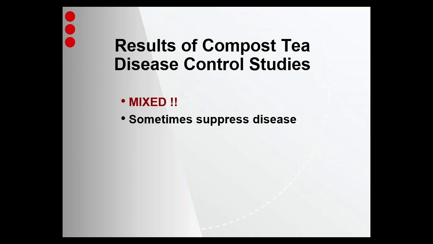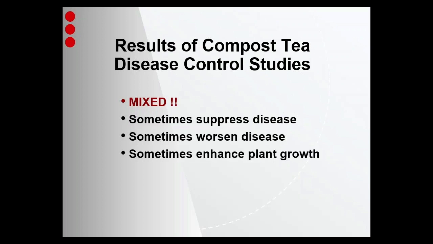So yes, there are now dozens of studies showing that particular compost teas have suppressed particular diseases. There are a few studies showing that compost teas have actually worsened diseases. Sometimes we also see enhanced plant growth. And as Cece mentioned, some of this enhancement of plant growth is simply because the compost teas contain some nutrients.